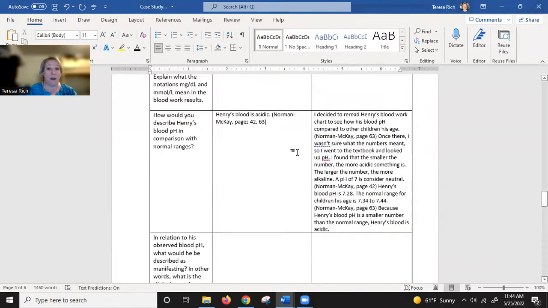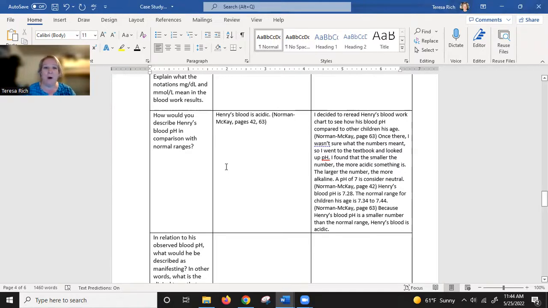So later on, if I wanted to, I could go back and find exactly where I found all of this information that led me to this conclusion, okay? So these are called in-text citations. They're very short. They're tags that relate down to the full reference at the bottom, okay?